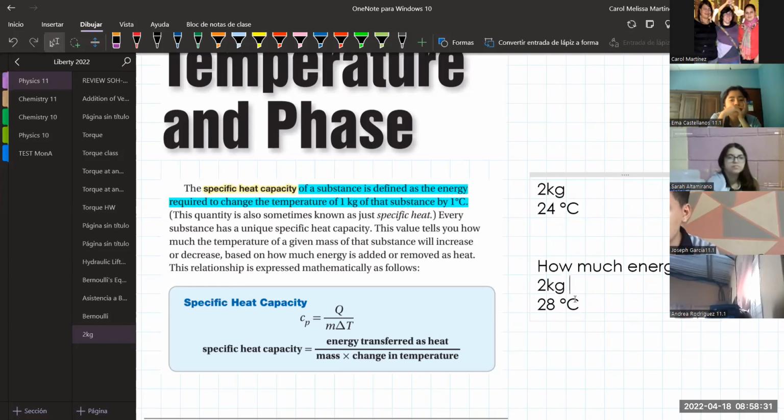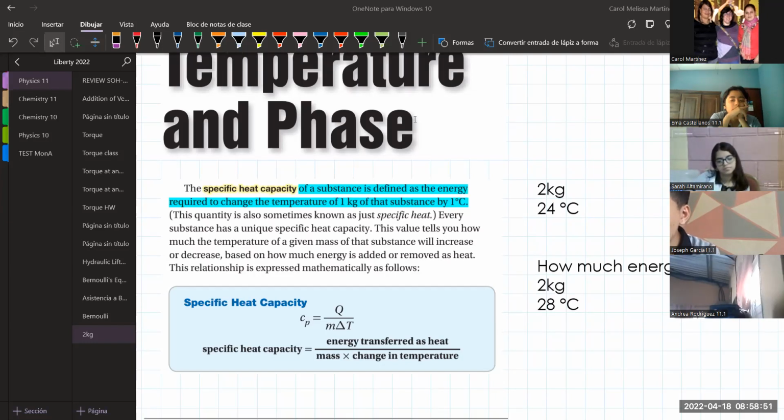I mean, the object is still 2 kilograms, but I need to know how much energy is required to raise an object from 24 to 28 degrees Celsius. That's the general idea of what these exercises are gonna be about.